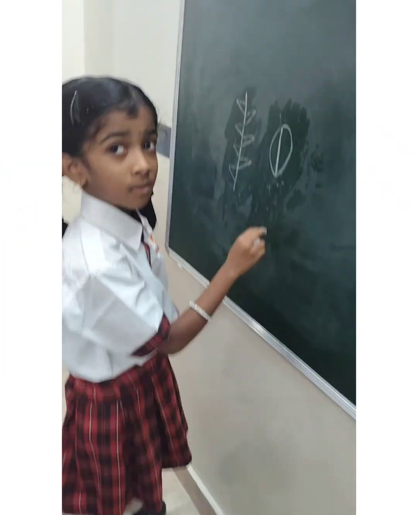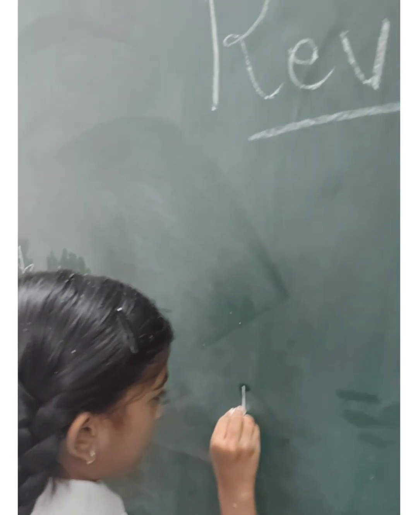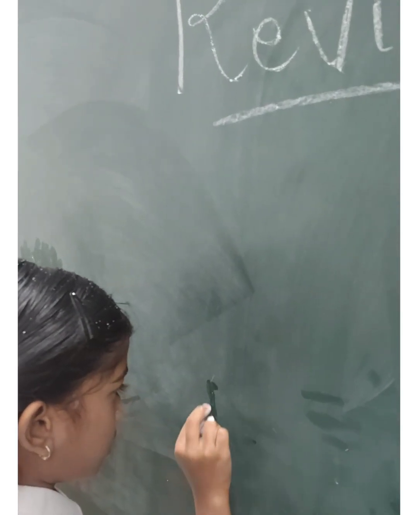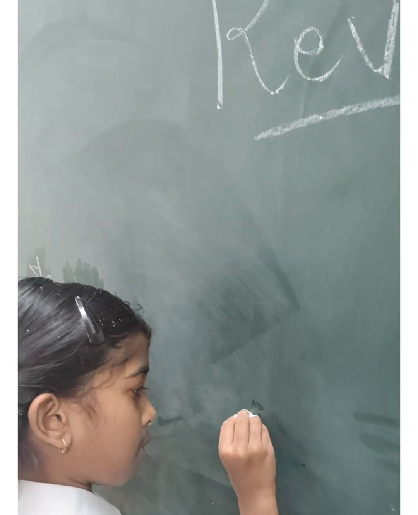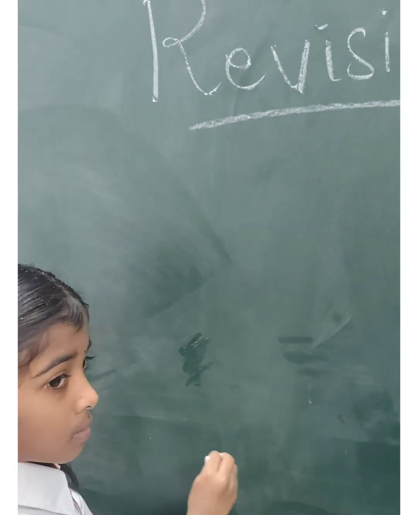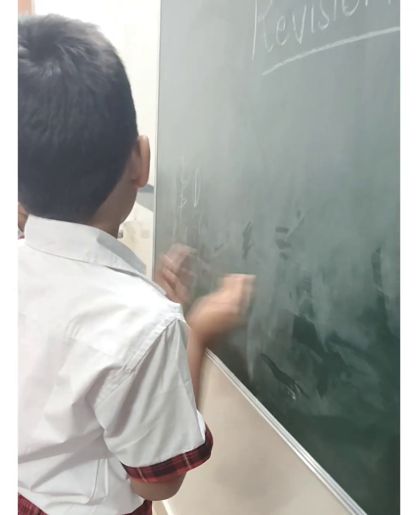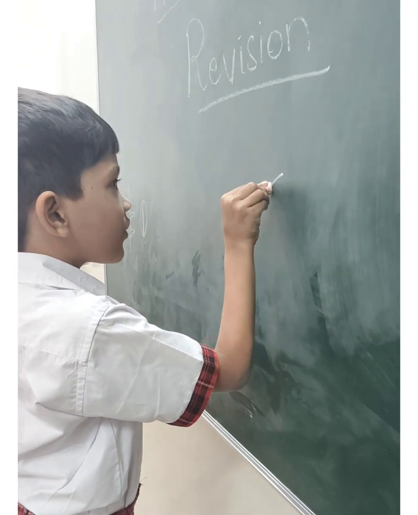Now let's see the drawing of Manasvi. Okay, one more, you draw one more different shape. Chaitanya, come and draw another way. Take a chalk and draw one more different shape of the plant leaf. Everybody clap for Manasvi.